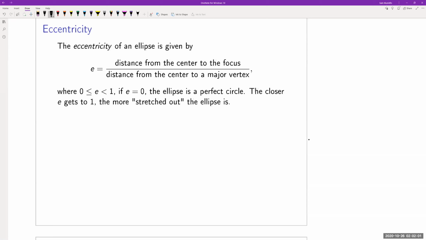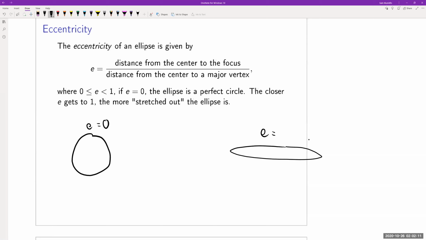So for example, we can give a couple of sketches. Something like this would be E equals 0. Maybe something like this would be E is equal to 0.9. And somewhere in the middle, maybe something like this, E is equal to 0.4.